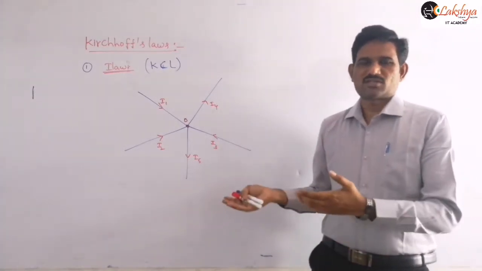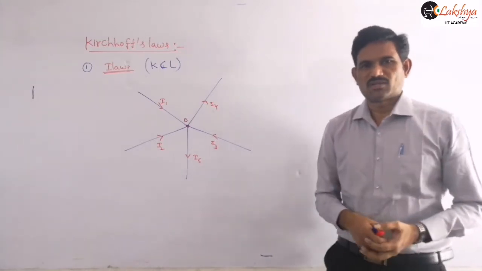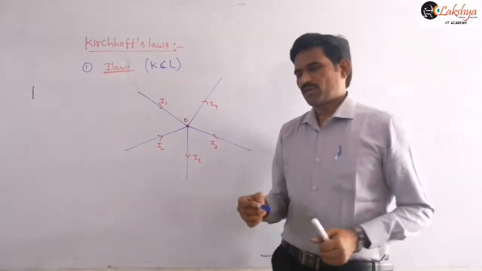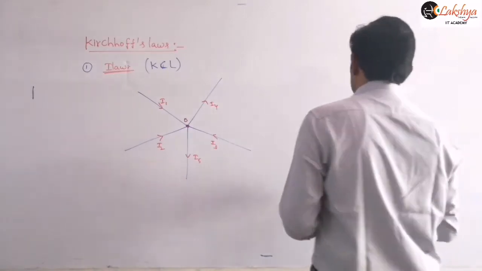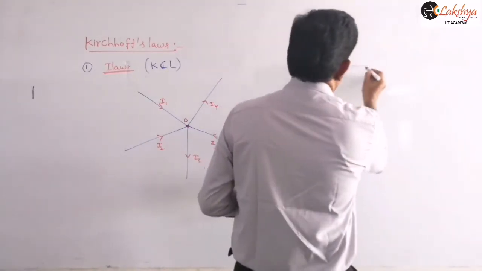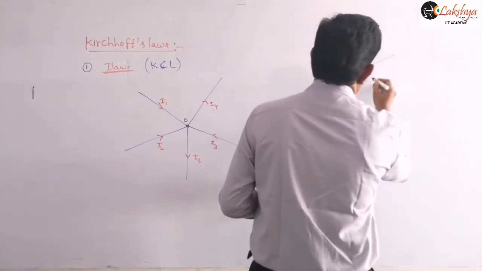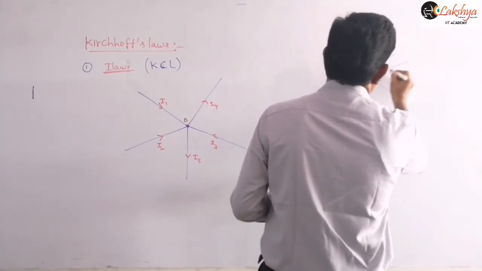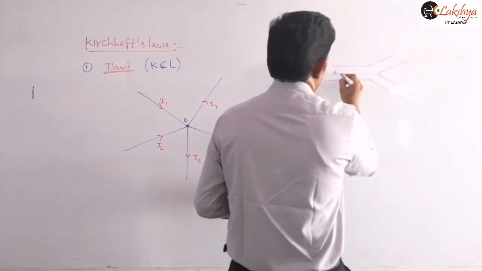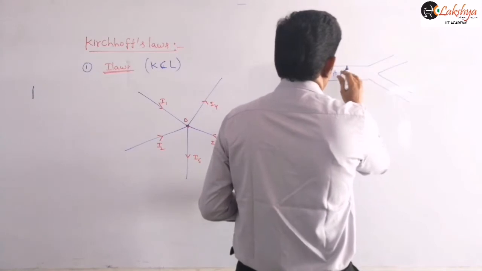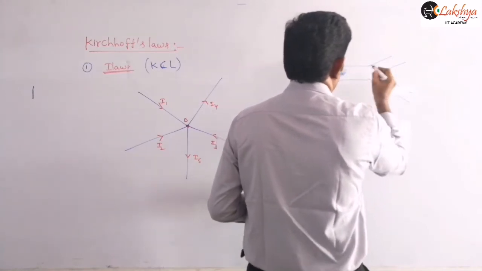In fluids, we already applied such concepts, the rate of flow concepts. Suppose in a fluid, a pipe is dividing like this. The area of cross section is A and the velocity of the fluid is V here.